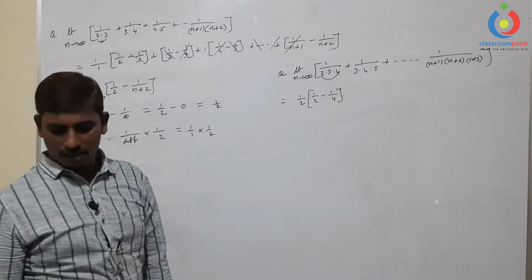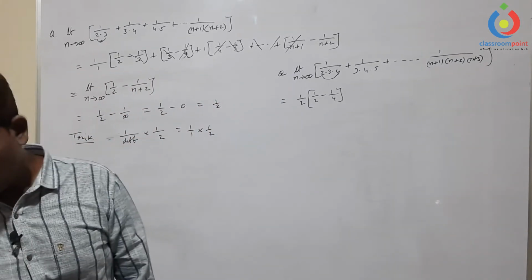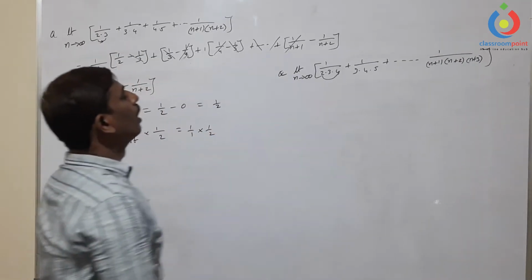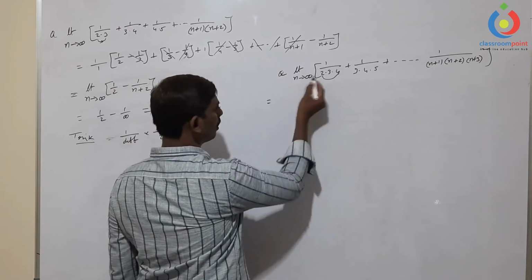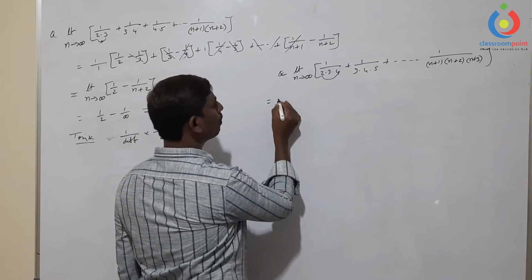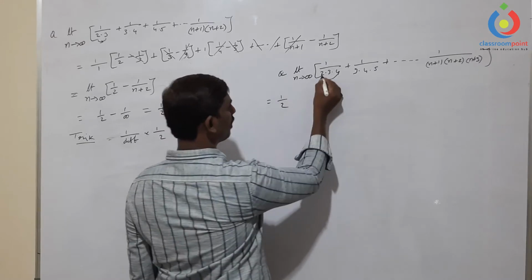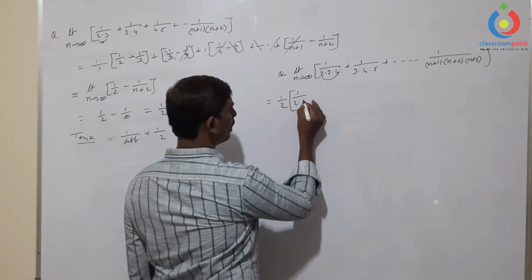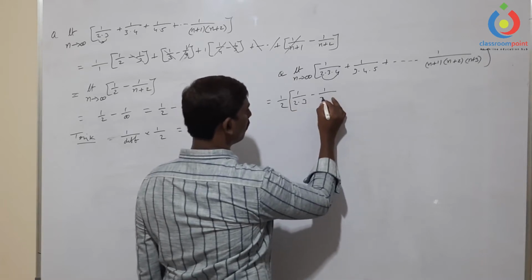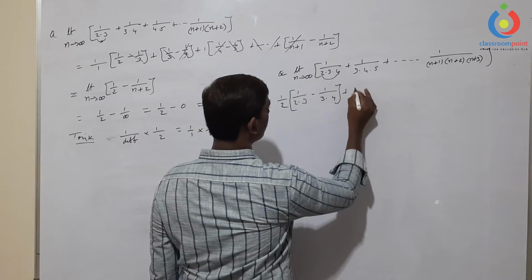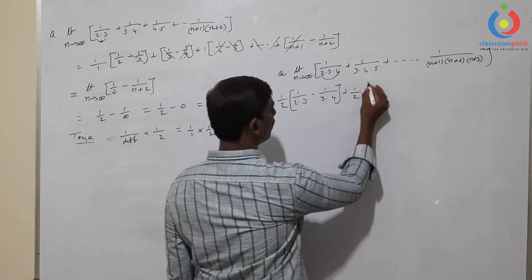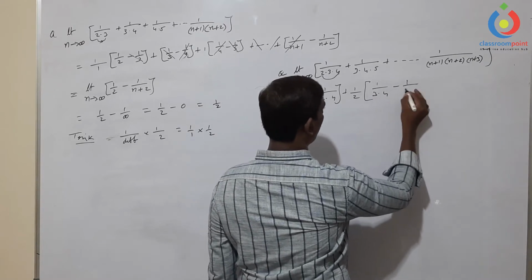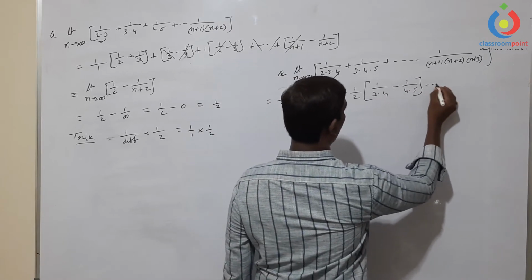Sorry, I have made a mistake. See here, we have 3 values. So that's why we do 1 by 2, the difference of 2 and 4, into 1 by 2 into 3 minus 1 by 3 into 4, plus the difference of these both, 1 by 2, into 1 by 3 into 4 minus 1 by 4 into 5, and so on.